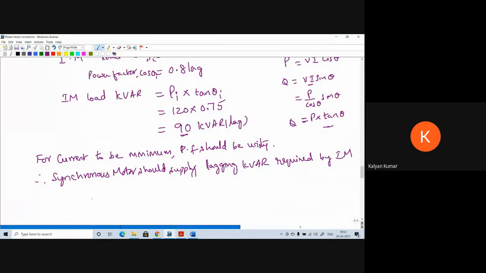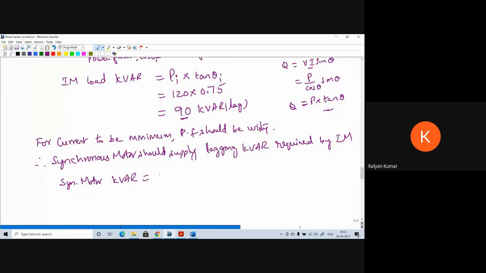So the synchronous motor kVAR is equal to 90 kVAR lead.